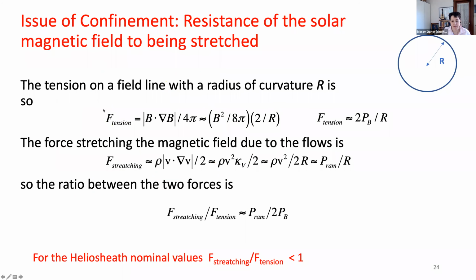What is interesting is that the plasma beta is high, but the ratio between the ram pressure and the magnetic pressure is around 1. So the magnetic pressure might be much less important than the thermal pressure, but it is on the order of the flows.